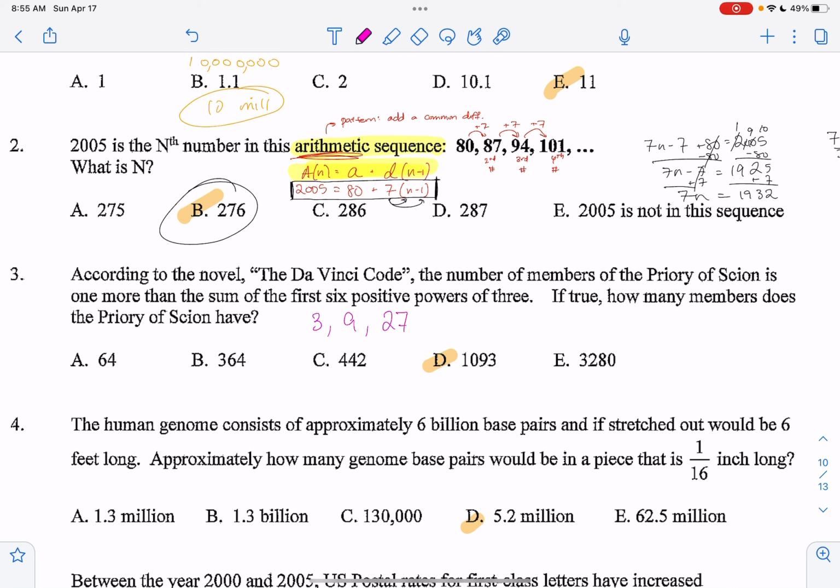3 cubed is 27. Next time we multiply by 3, that's 81. Then multiply that by 3, you get 243. So that's 5. The last one, if you multiply by 3, that would be 729. And then you just add everything up.